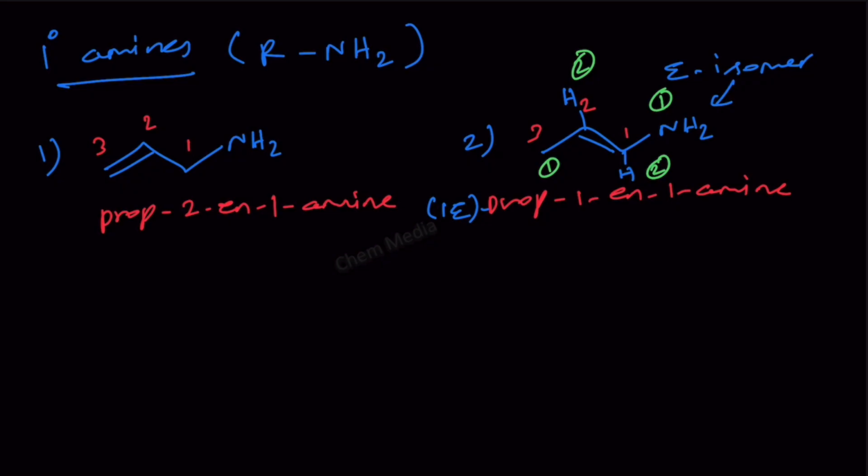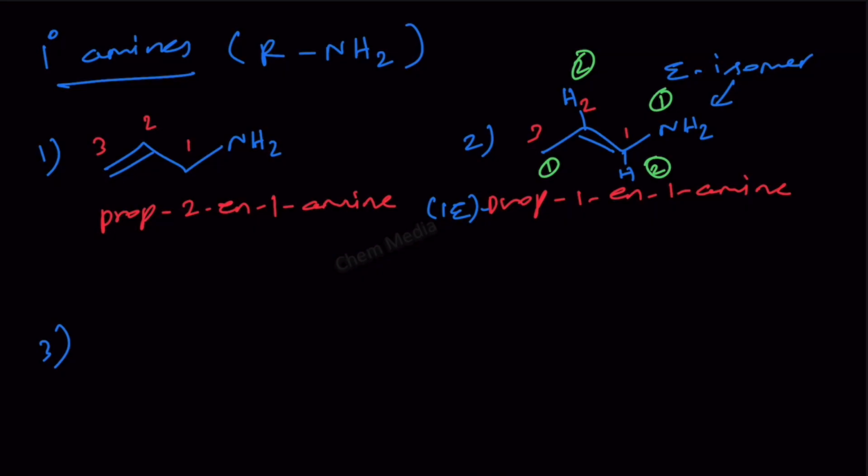So the priorities are on the opposite side. If the priorities are on the opposite side, we call this an E isomer. If the priorities are on the same side, we call it a Z isomer. So this means we have to consider two isomers for prop-1-en-1-amine: one is the E isomer and another is the Z isomer.